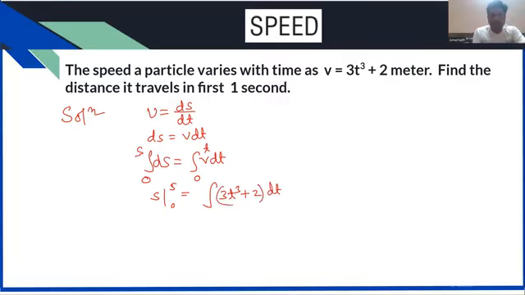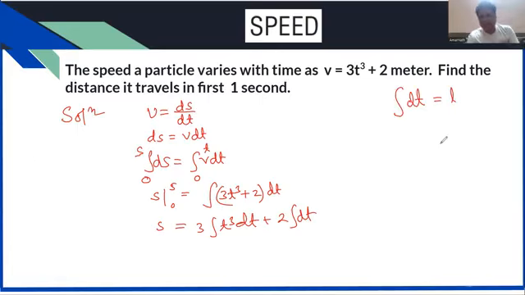So this part is nothing but s minus 0, which is s only. And here it is integration of t cube dt plus integration of dt. And already we know integration of dx is x, so integration of dt is also t only. And integration of t to the power n dt, already we have discussed, will be t to the power n plus 1 by n plus 1.